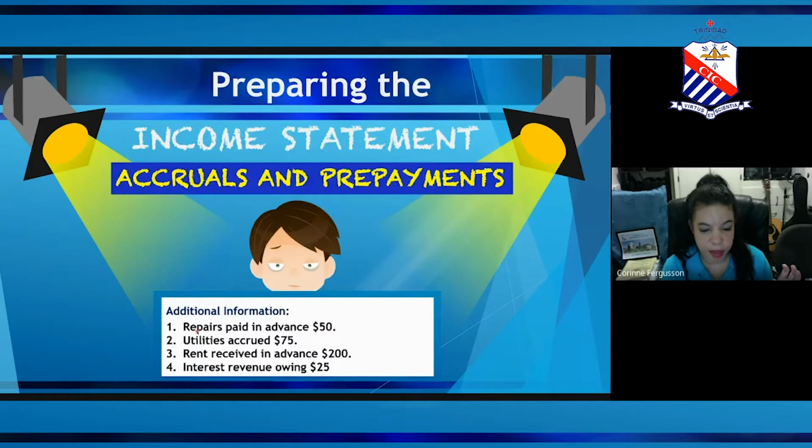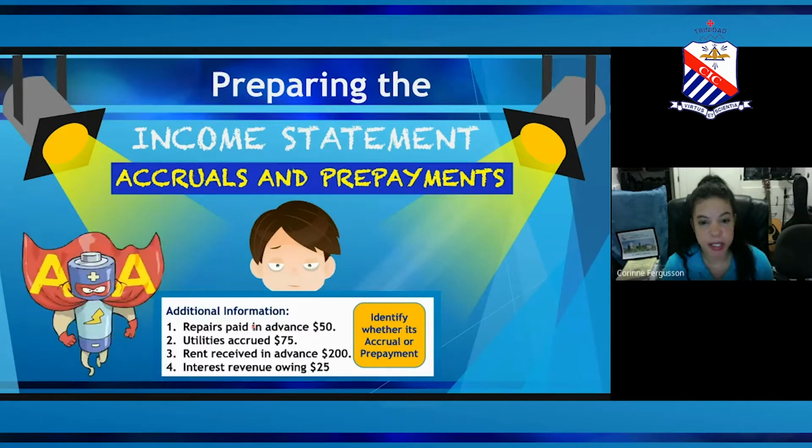For example, we have repairs paid in advance, that is prepaid repairs. And what we had learned is that when you identify whether it's an accrual or prepayment for each of them, then you would know what to do in the income statement to the expense and the revenue. So there's our battery man again, our wonderful battery man.